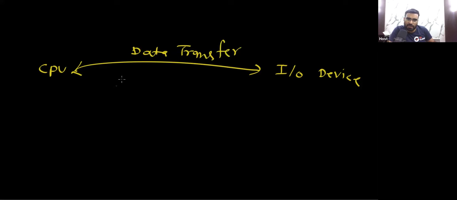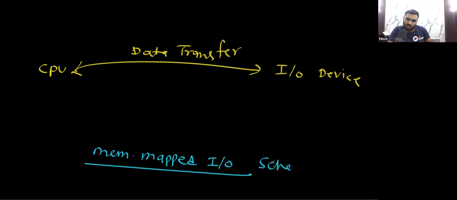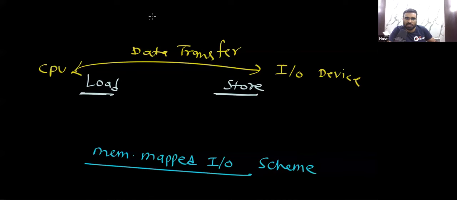For this data transfer, what will the memory mapped IO scheme use? It will use load and store. Yes or no? So these instructions we will use.